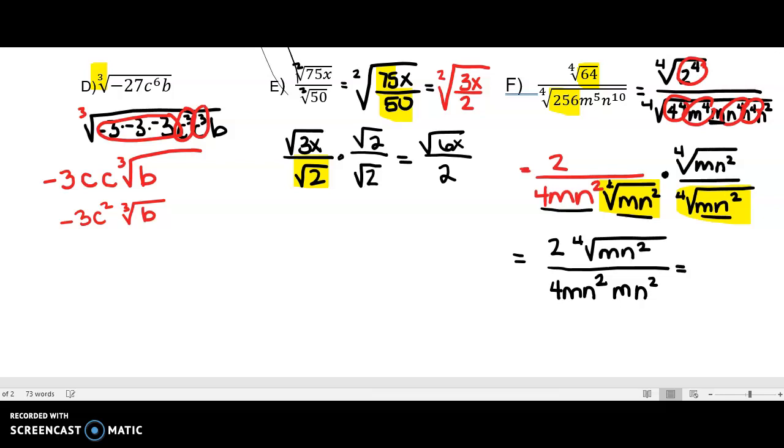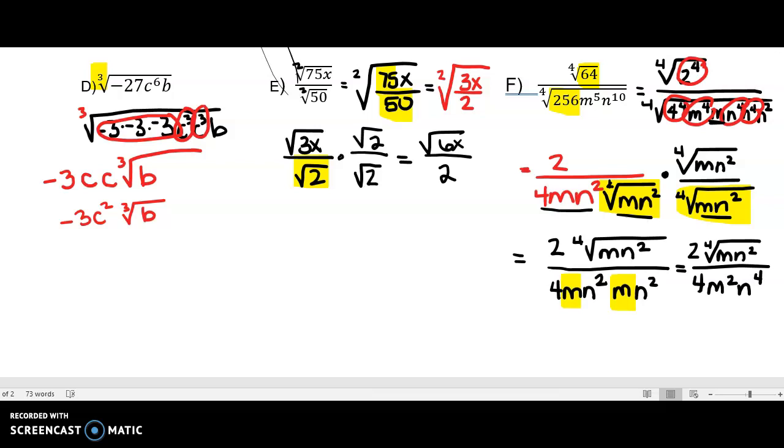So I'm going to combine my denominator now. Get 2 times the 4th root of mn squared over 4, m and m make m squared, n squared and n squared make n to the 4th.